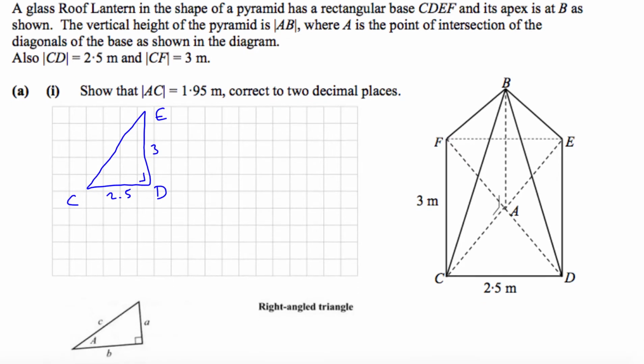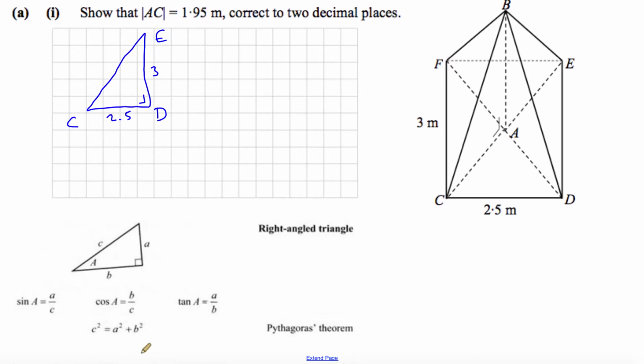So I can use Pythagoras. Pythagoras is in the tables book here. I've taken this from the tables book, so you can just match it up. We're looking for, I'm going to call CE x for the moment. So you can see here that the C would be our x, the A will be our 3, and then this here would be our B, which we're going to plug in there.